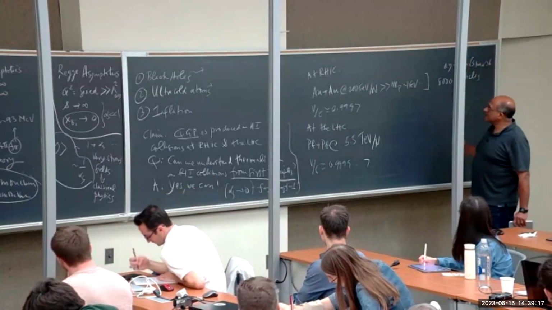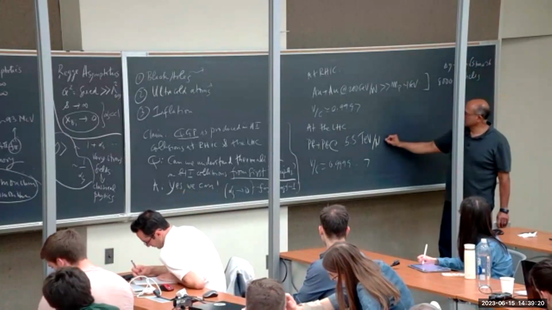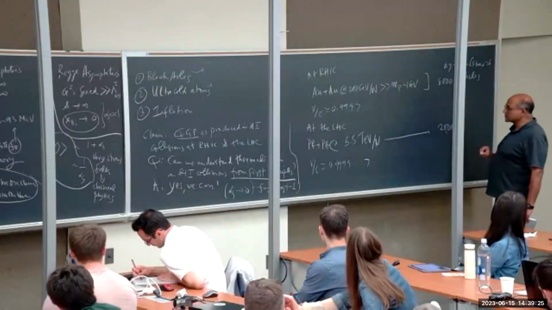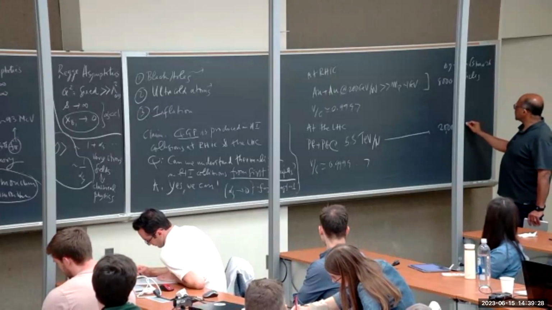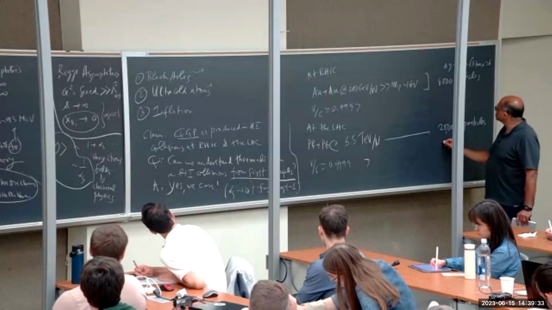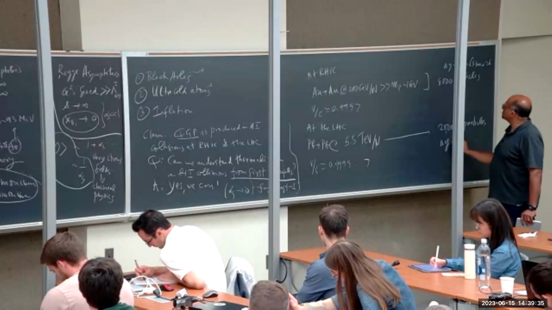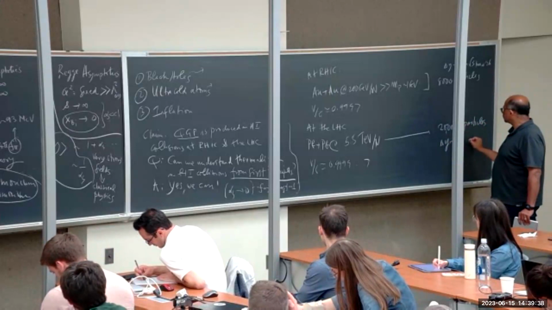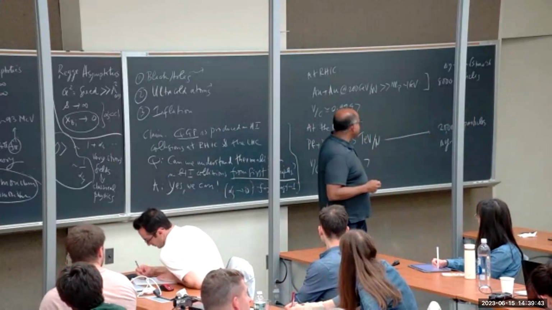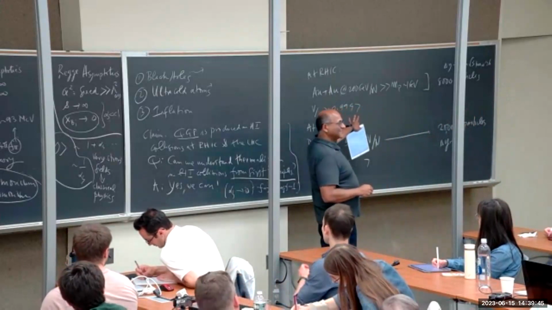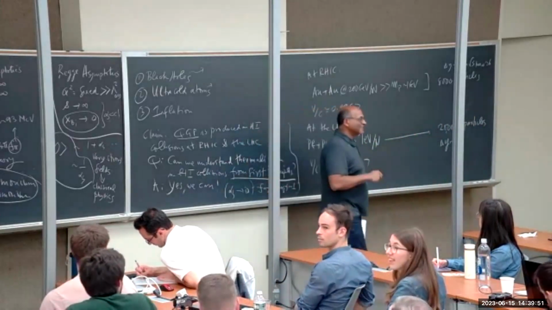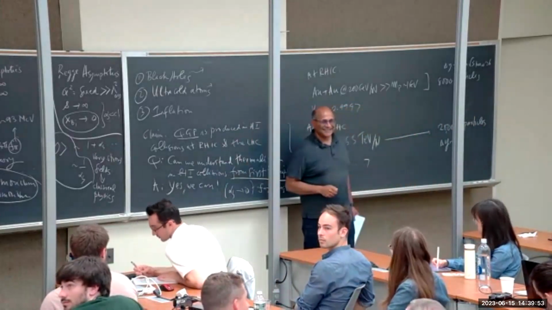Now at the LHC, you produce more like 20,000 particles in a single event, and that's stretched over 18 units of rapidity. Did I get that right? 18 units.